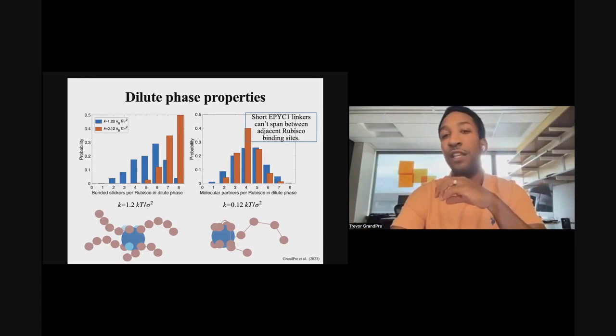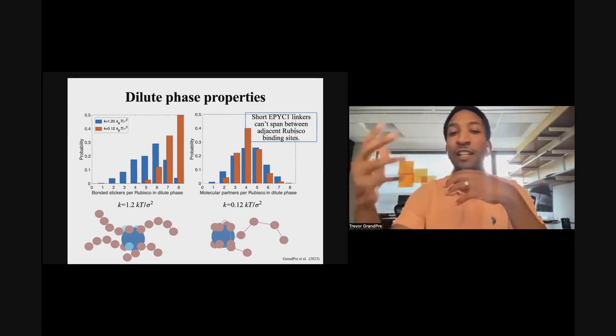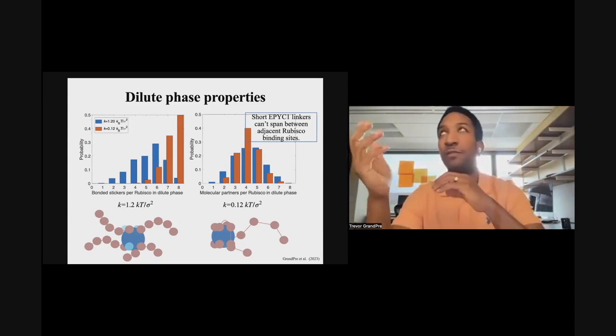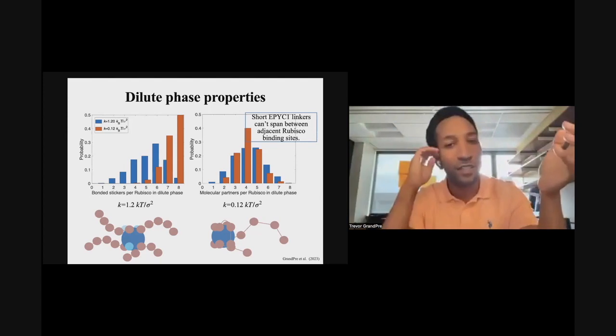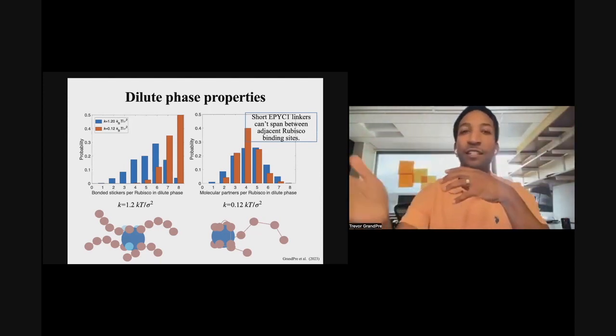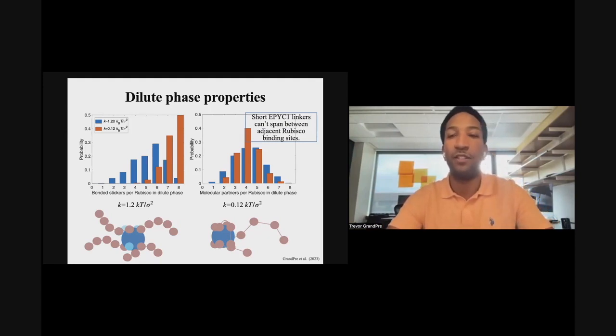However, the long linker system on the right can satisfy all their bonds with a small number of EPYC1s, so they're happy being in the dilute phase. This shows us from the microscopic level why the long linker system would have a weaker phase separation than a short linker system.